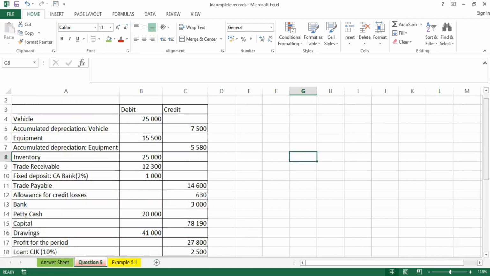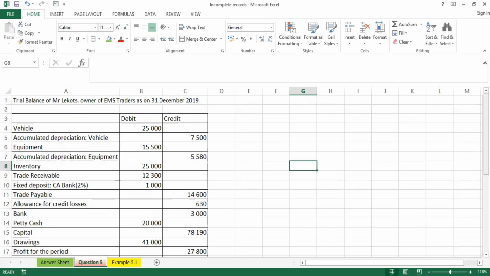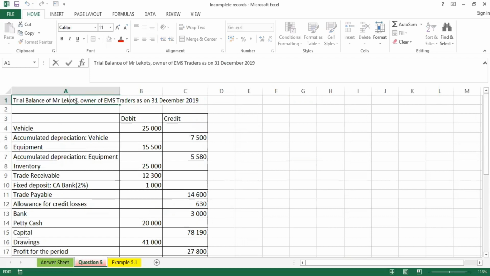I took this question from one of your past question papers. It says trial balance of Mr. Lekota, owner of EMS Traders on 31st December 2019, and then we're given the trial balance.